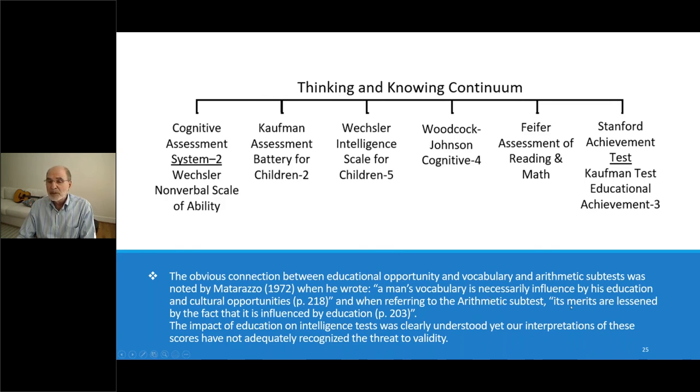And when referring to the arithmetic subtest, its merits are diminished by the fact that it's influenced by education. So the impact of education on intelligence tests has been clearly known for a long time, but we ignore it. We ignore it all the time. I saw it as a new school psychologist, but I just did what we all do. I talked about verbal intelligence and nonverbal intelligence because that's what I was taught back then, but I don't do that anymore.